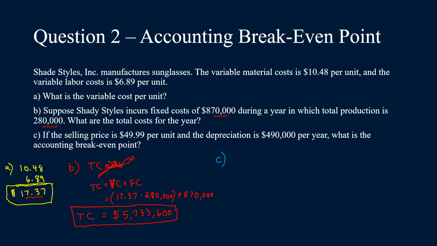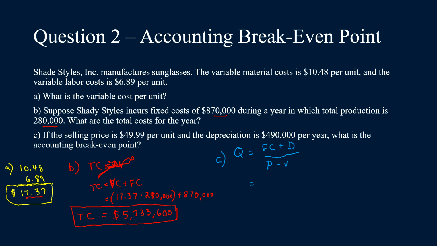So we have part C, and we have to use our accounting break-even point formula, which, if you recall, is Q. That's our quantity that we have to make to break even. And it's going to be our fixed costs plus our depreciation divided by the price per unit minus the variable cost per unit.